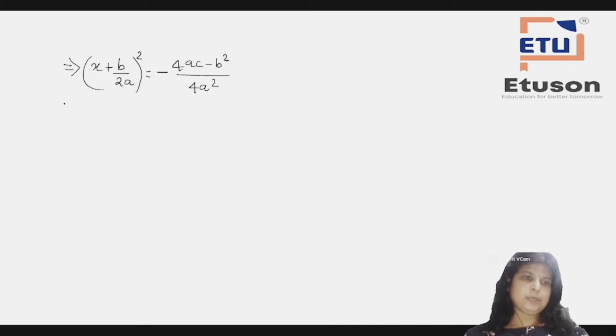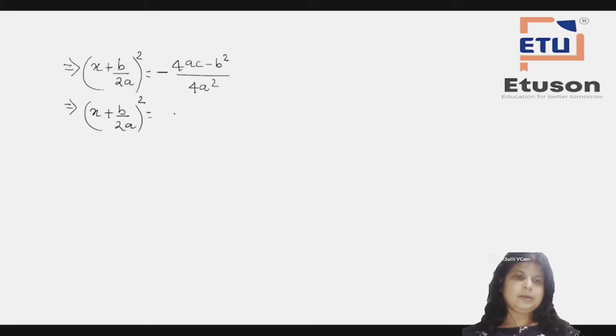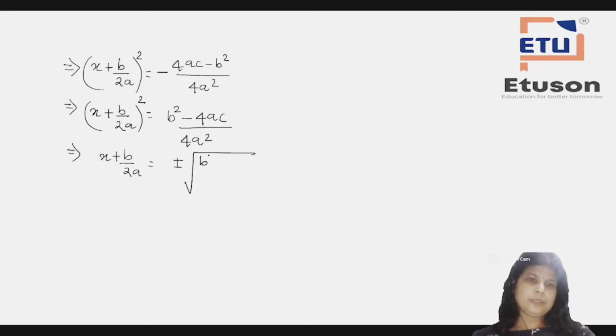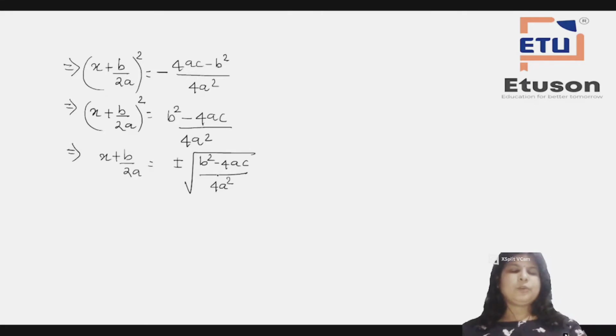If you take this minus sign, your numerator can be rewritten as b square minus 4ac divided by 4a square. So it implies what will be the value of x plus b by 2a then? So it will be equal to plus or minus square root of b square minus 4ac divided by 4a square.